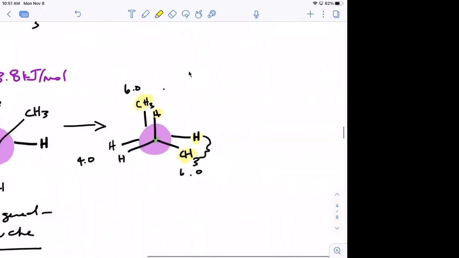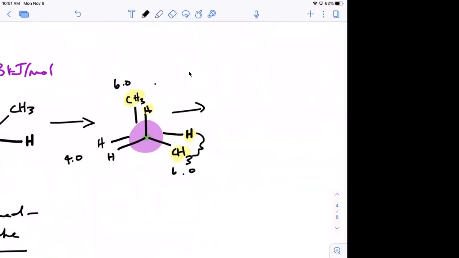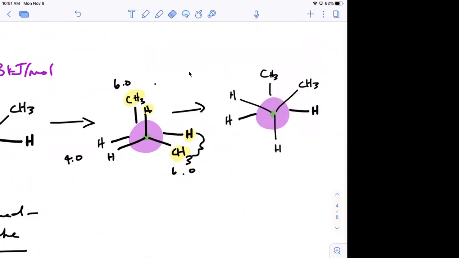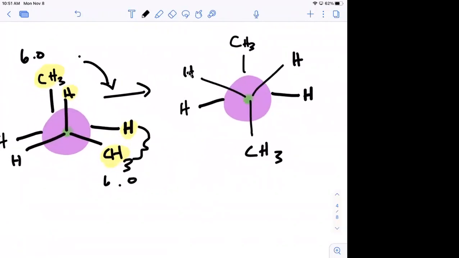And then the final, most stable out of all of your conformers is this one, because I'm going to rotate again 60 degrees clockwise. So I'm going to come to another staggered conformation. Anybody remember what that's called based on what was in the video? Is it anti? Yes.